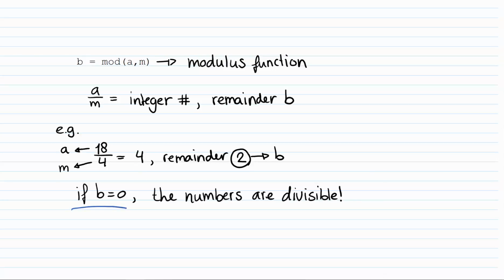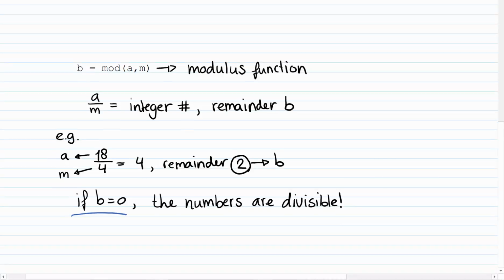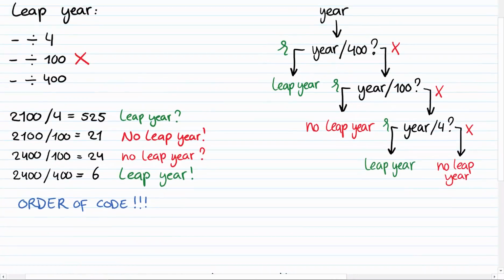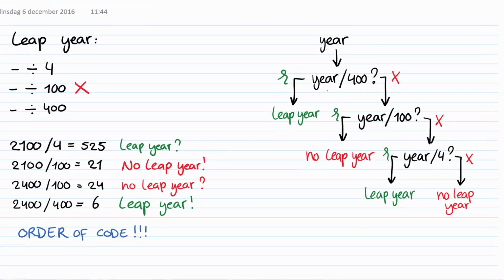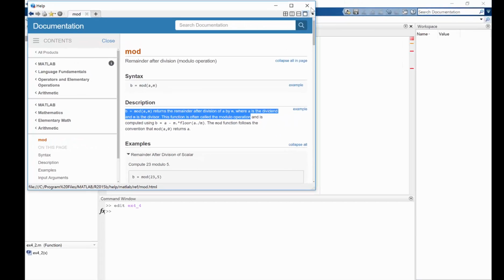Now let's check back with our logic flow what we first had to put in our if statement. That was whether the year could be divided by 400. Then we'll ask whether the year can be divided by 100, and then we'll ask whether the year can be divided by 4. So let's put this into MATLAB.